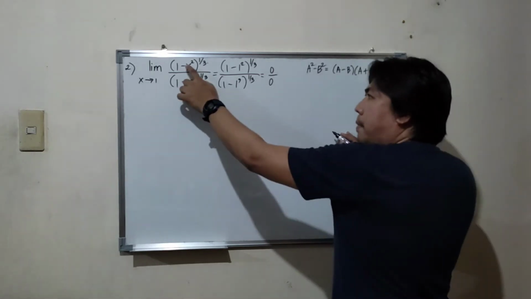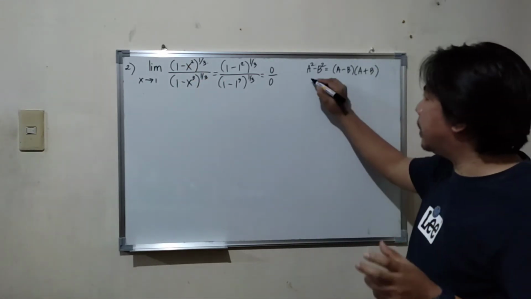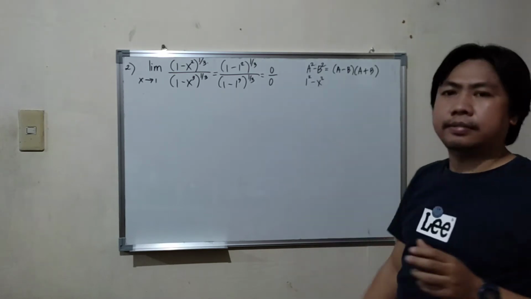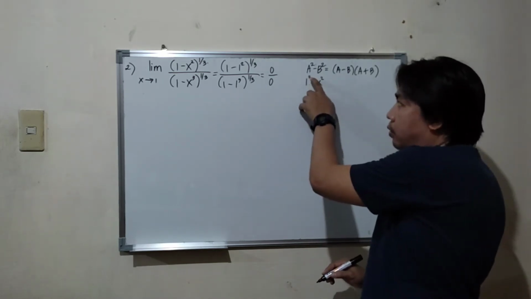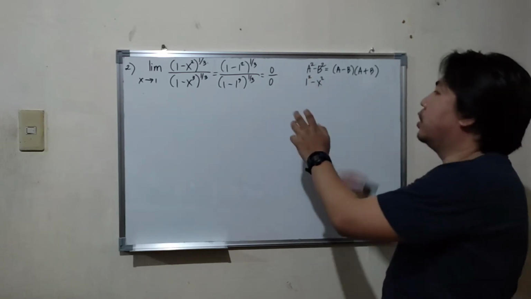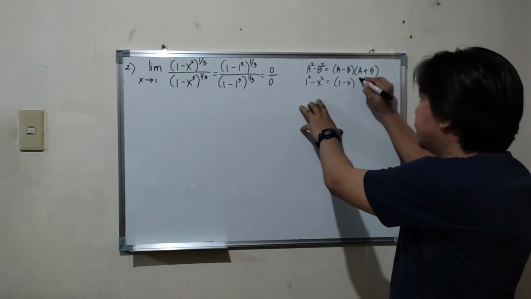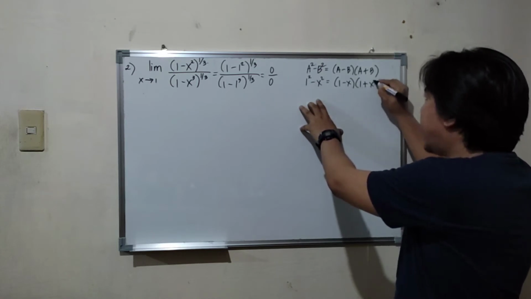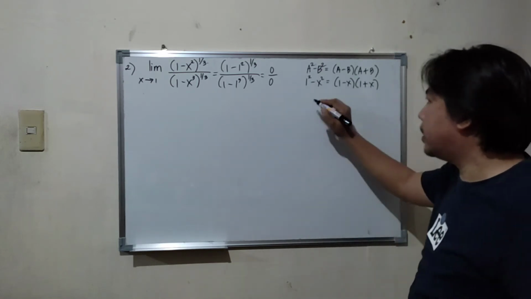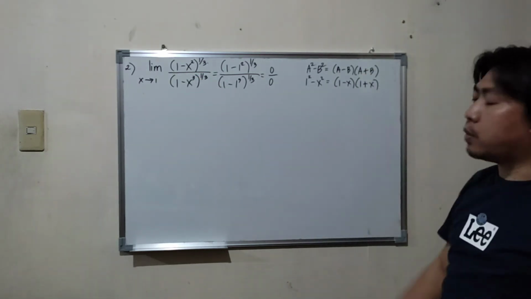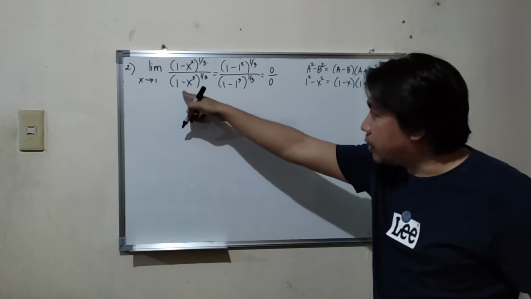So 1 minus x squared can be written as 1 squared minus x squared, so that we can see the difference of two squares. This is equal to 1 minus x times 1 plus x. So this term will become 1 minus x times 1 plus x.